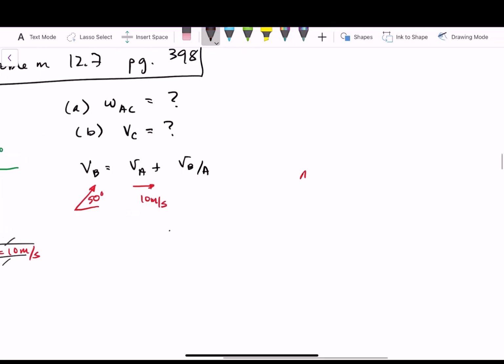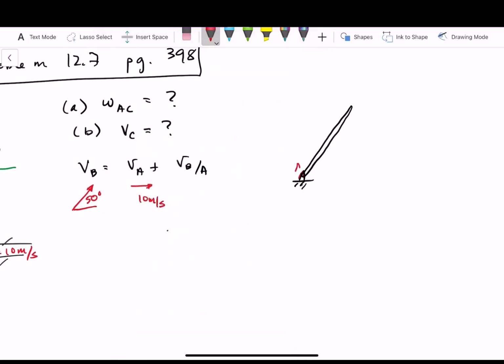So I'm going to draw the linkage real quick, where we know that point A, of course, is the bottom, point B is here. And since we are stationed at point A, remember it's B with respect to A, B appears to actually be rotating. So it would look like it's probably rotating something like that. And so that means that the velocity of B is 90 degrees to that rotation arm.